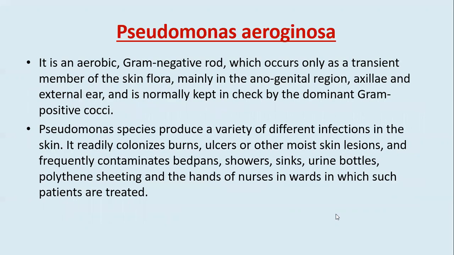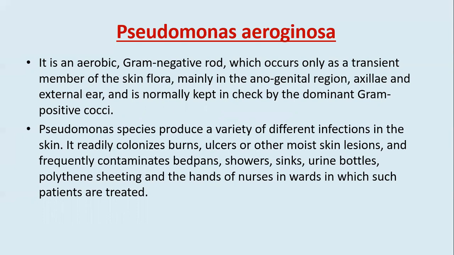Pseudomonas aeruginosa. This is an aerobic gram-negative rod that occurs only as a transient member of skin flora, mainly in the anogenital region, axilla, and external ear, and normally it is kept in check by dominant gram-positive cocci.